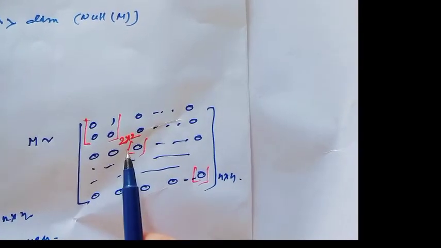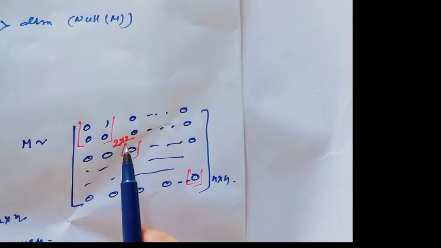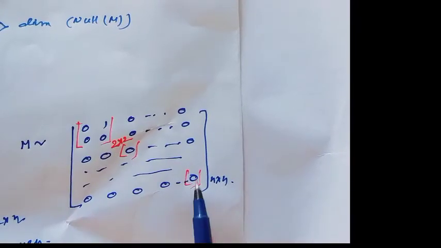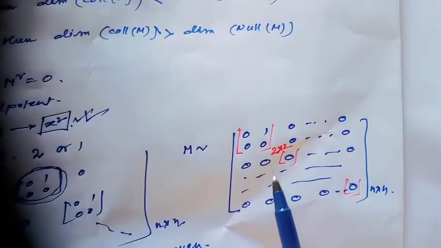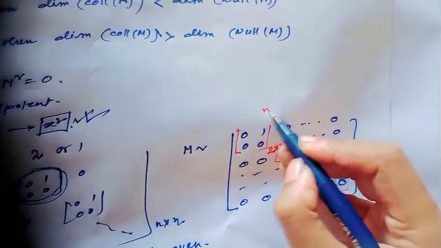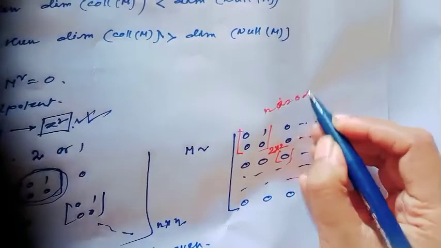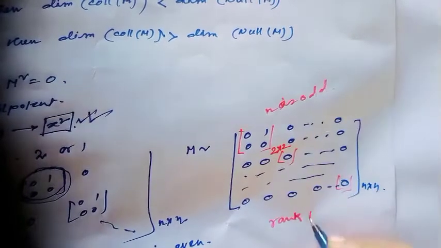And notice here there exists only one block of order 2 and the other blocks are all of order 1. So there exists only one element that is 0. If we consider only one block of order 2 when n is odd, then obviously the rank of this matrix is 1.